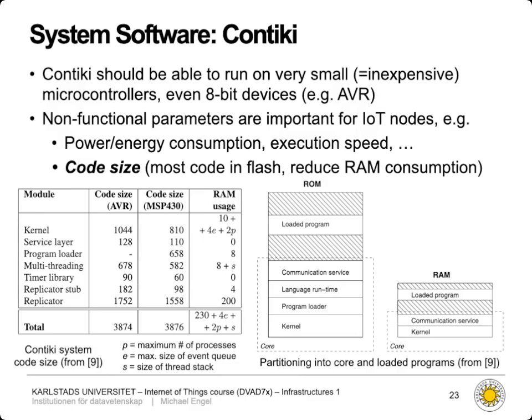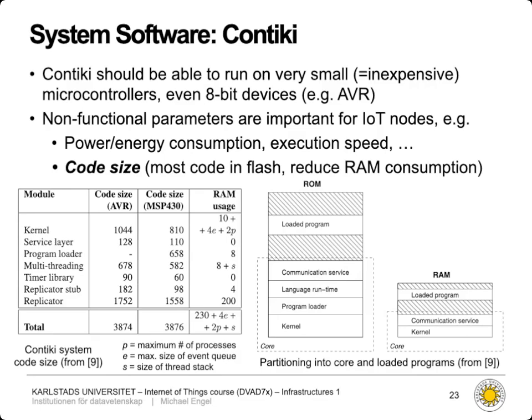Then, depending on the number of events you can have, so the size of the queue for your events and the size of the stack for your threads, this adds to the number of bytes, but we're still in the several hundred bytes range. The interesting thing is that Contiki allows you to partition your application into core. This contains the kernel, the program loader, the runtime, and the communication service, as we've mentioned before. Then it can have different loaded programs, which are all available in Flash because you're usually not downloading code over the internet while your sensor node is running.